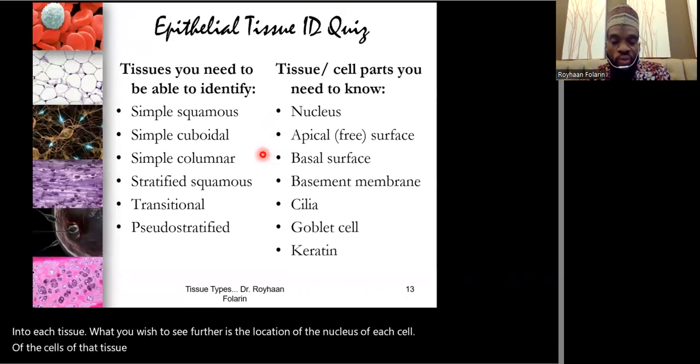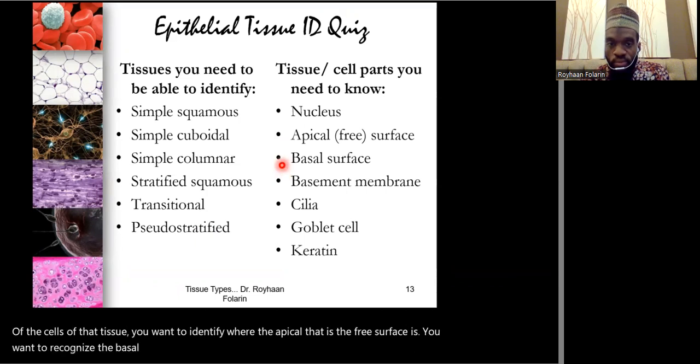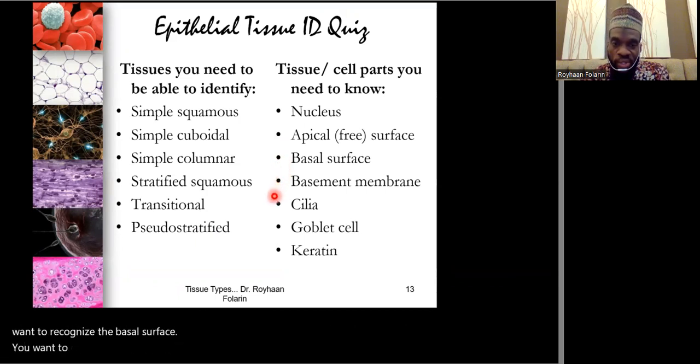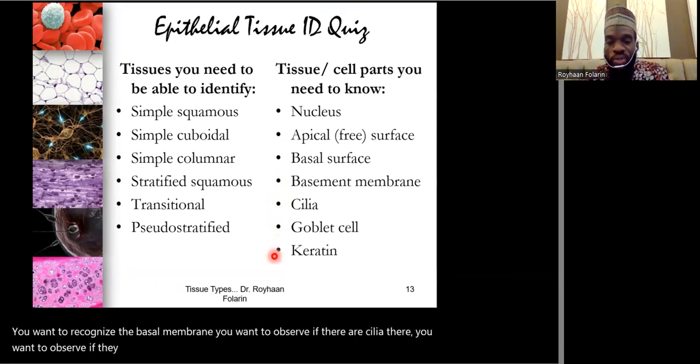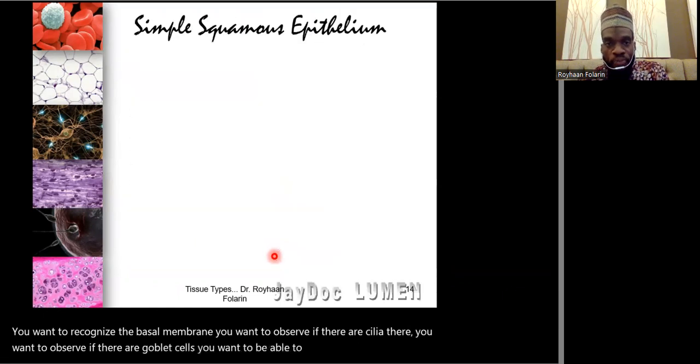You want to identify where the apical, that is the free surface, is. You want to recognize the basal surface and the basement membrane. You want to observe if there are cilia and goblet cells. You want to be able to recognize the keratin.